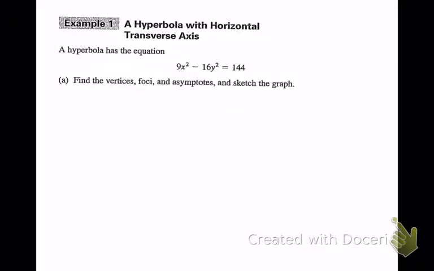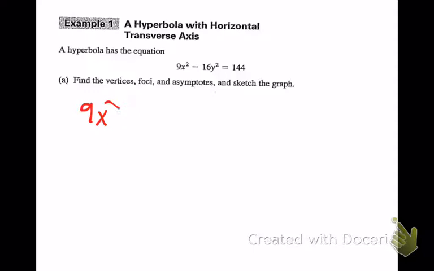A hyperbola with a horizontal axis. The hyperbola has the equation 9x squared minus 16y squared equals 144. So it's going to be horizontal because the a is under the x, right? That's the larger value.